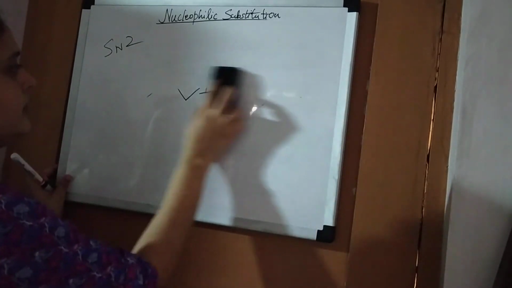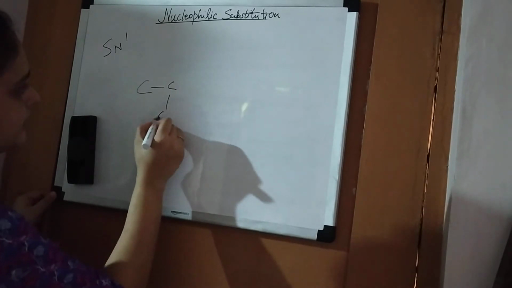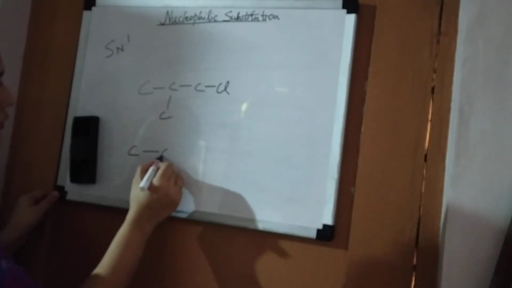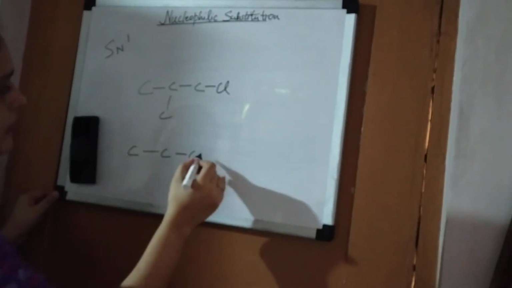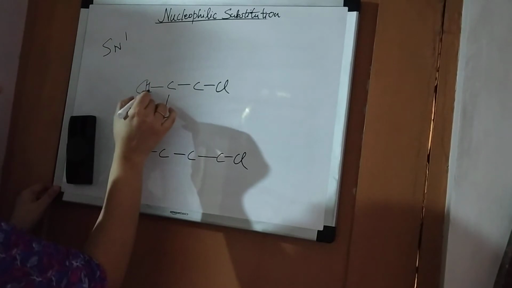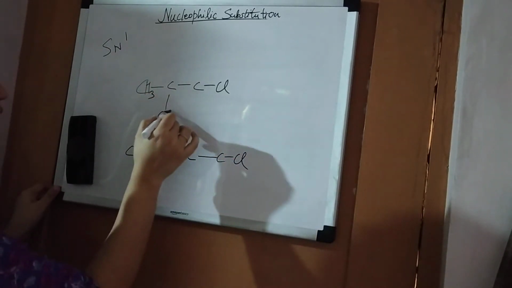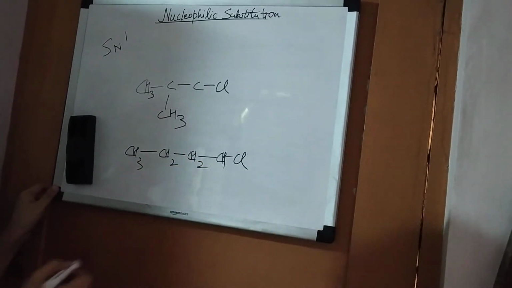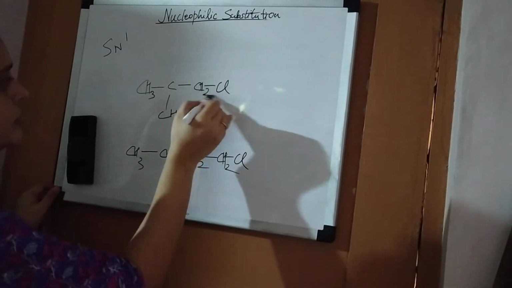Now the next question is about the SN1 reaction. So this is an alkyl halide, for example with chlorine, and another alkyl halide, CH2, CH2, CH2, CH2.